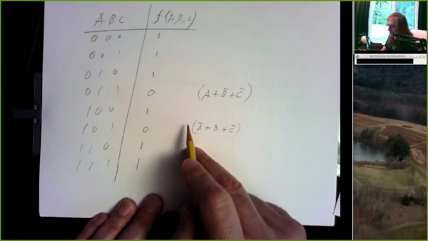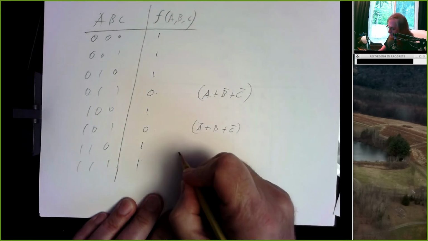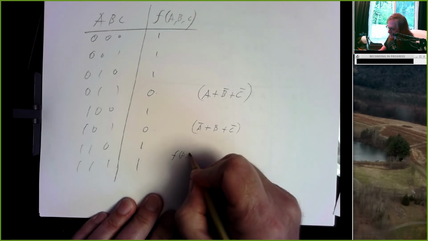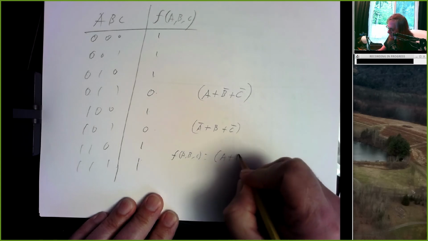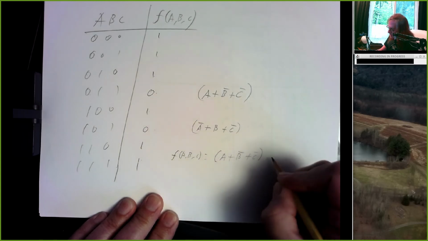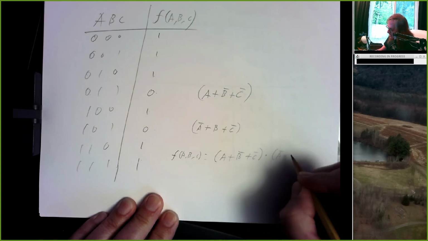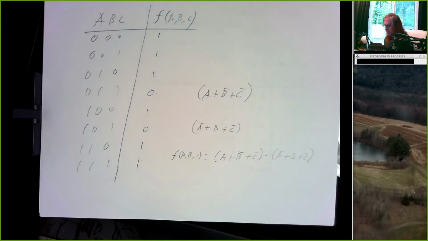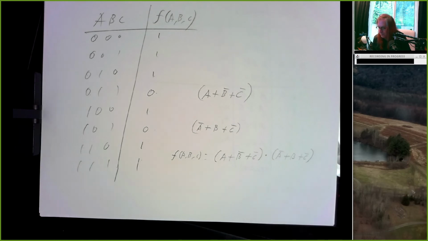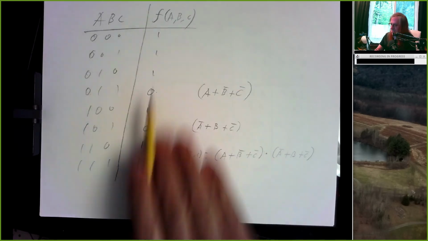And now I'm going to take these and I'm going to take the product of those, and I'm going to say f of A, B, C equals A or B bar or C bar, ANDed with A bar or B or C bar. And this is going to give me the exact same truth table.